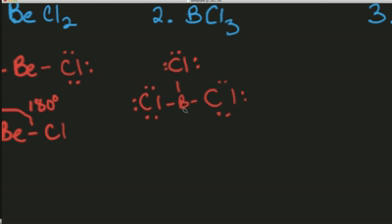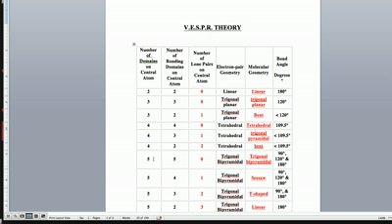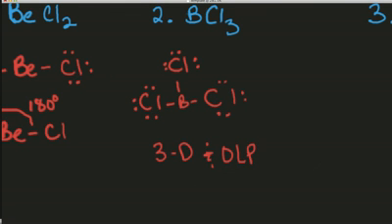So here I have 3 domains. Again, 0 lone pairs. So we should know that the molecular and the electron pair geometry are going to be the exact same thing. So 3 and 3 should be trigonal planar, and the bond angle is 120. The way we would draw that is as follows.